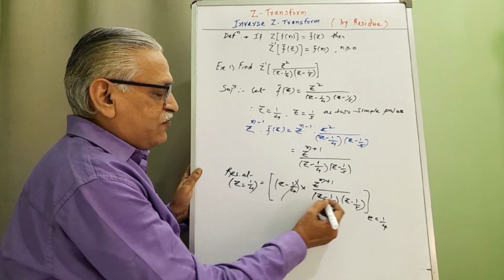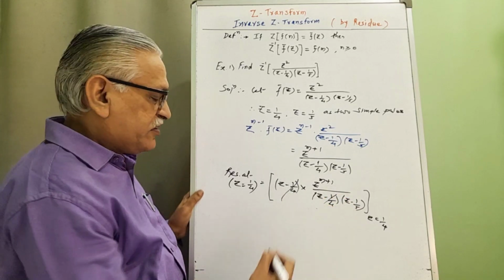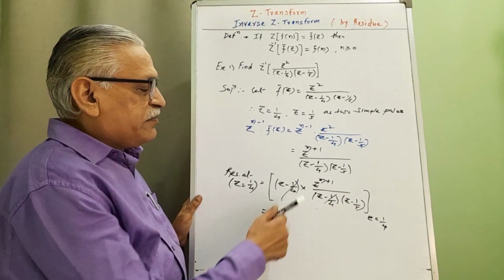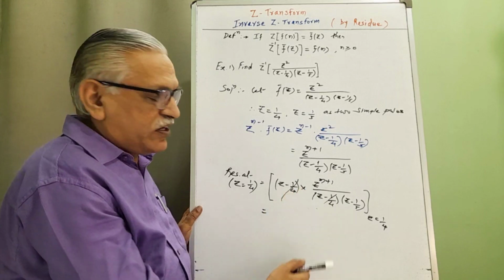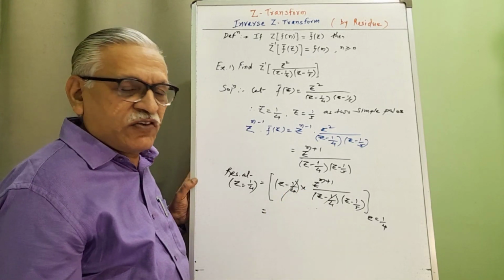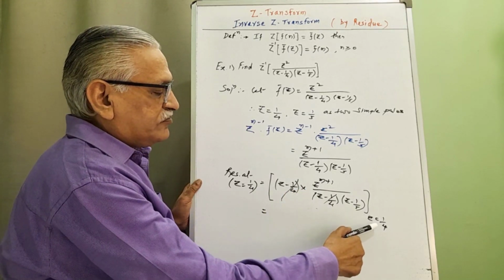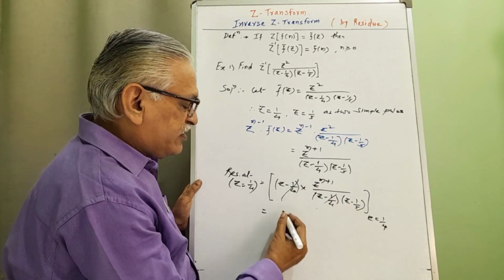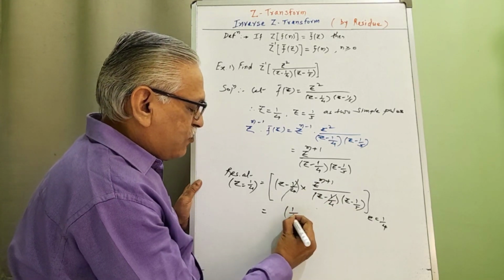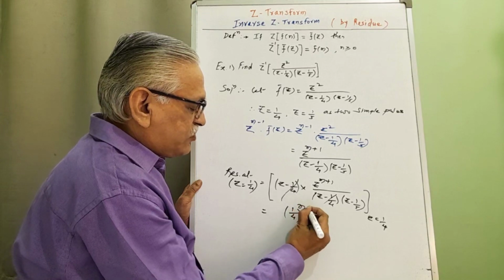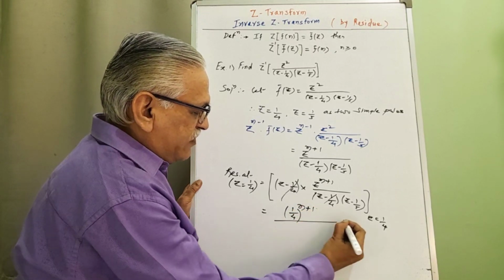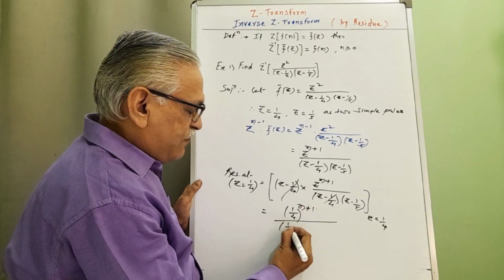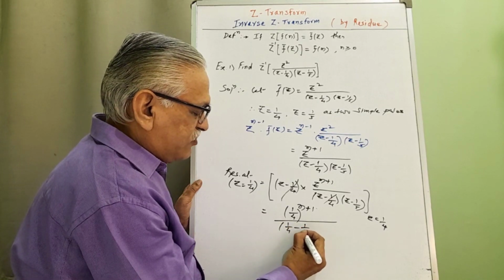The z minus 1 by 4 terms get cancelled, and we get the remaining term z raised to n plus 1 divided by z minus 1 by 5. Then substituting z as 1 by 4 here, we get 1 by 4 raised to n plus 1 whole divided by 1 by 4 minus 1 by 5.